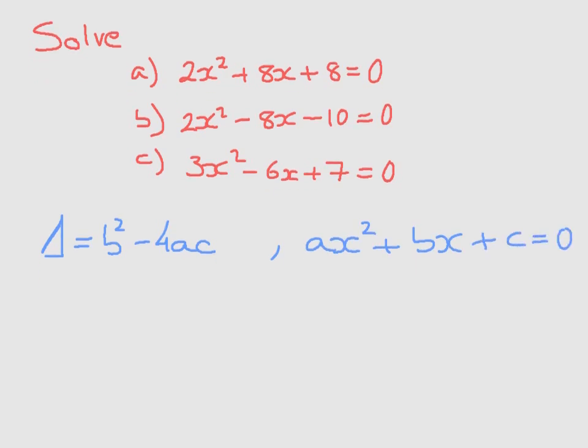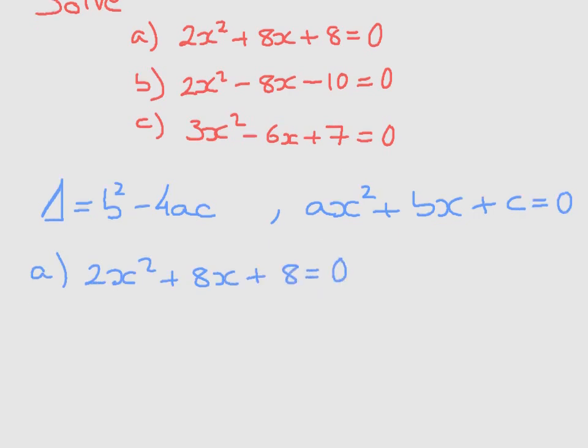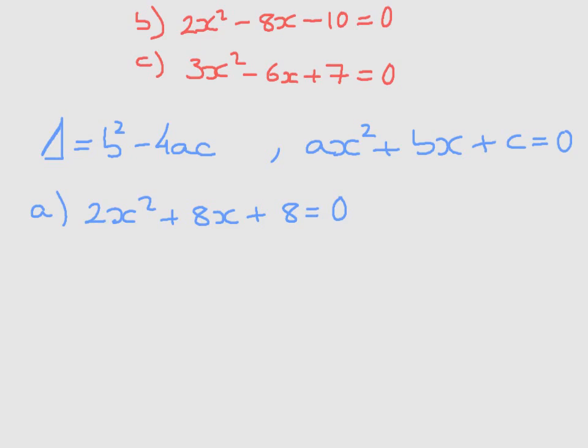Okay, now, if we look at this first one, a, we have 2x squared plus 8x plus 8 equals 0. The first thing we do is calculate the discriminant delta. So delta is equal to b squared minus 4ac.